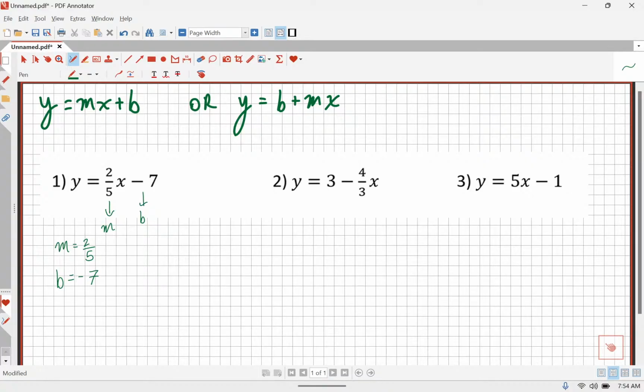Okay, let's ask that question a little bit differently this time. That's going to come from Beckham. Is 3 your m or is 3 your b on number 2? 3 is your b because it's not stuck to an x. And that means what is your m? 4/3? I'm going to change that by one little thing.